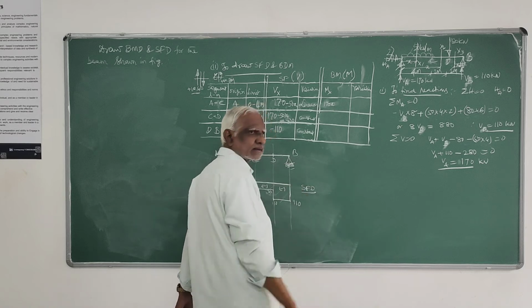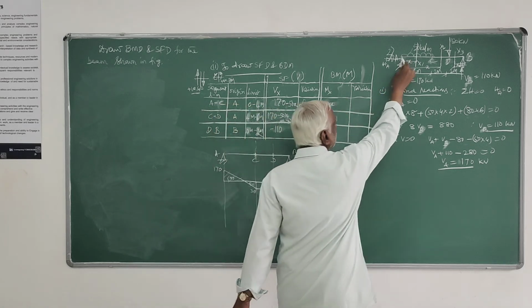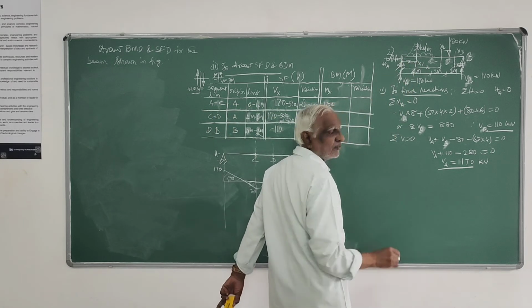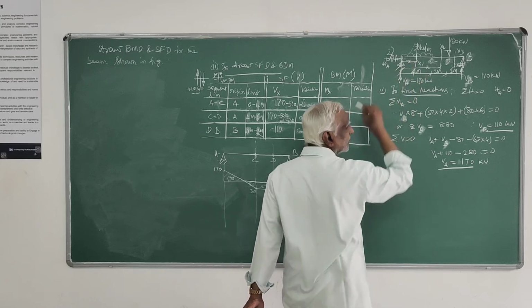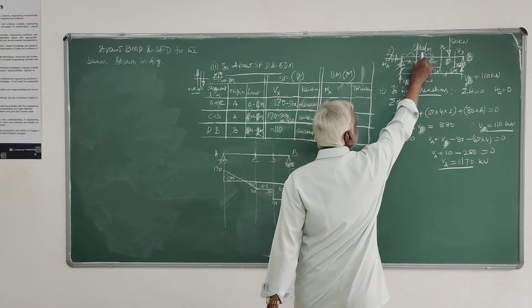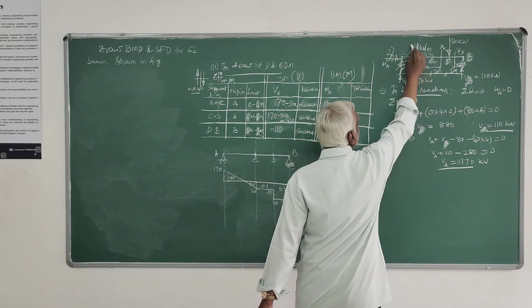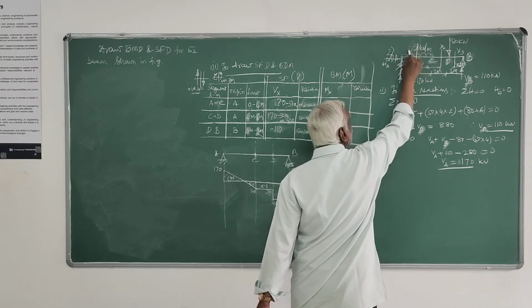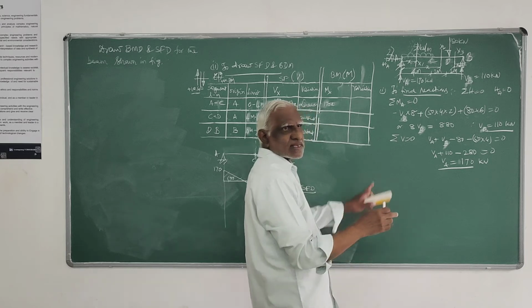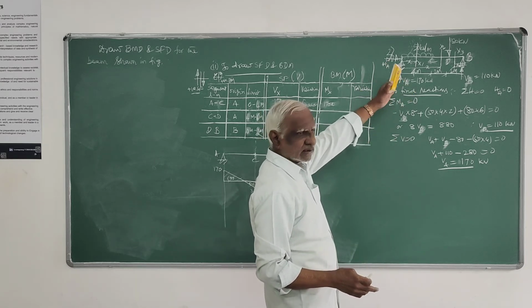Then this load, 50 kilonewton per meter. For distance x, it is 50x. It will be acting at the center of x, that is x by 2 from the section.